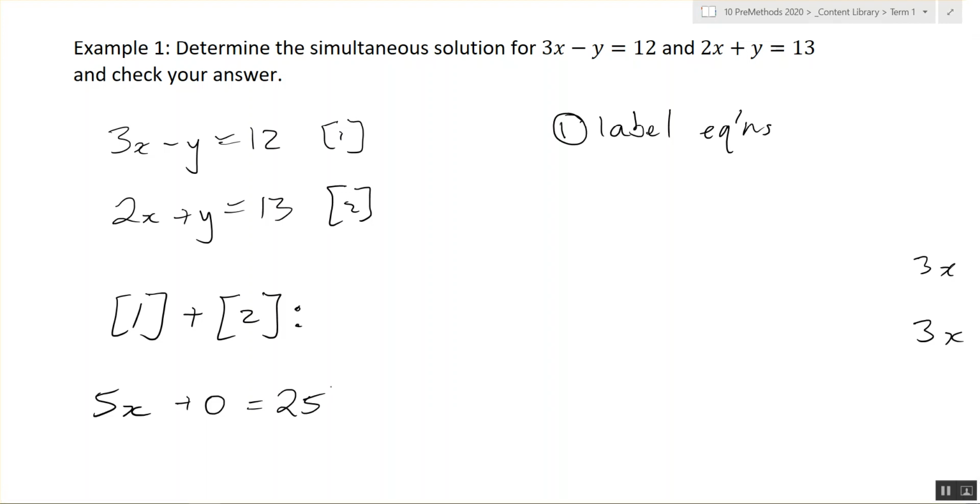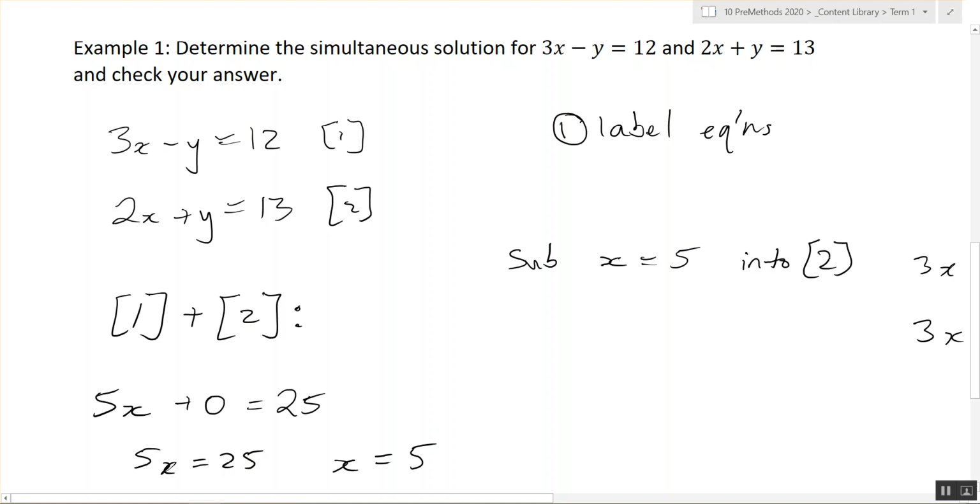Yep, see how it's a lot easier than substitution? But it only works in certain situations. Okay, so now 5x equals 25, x equals 5. Yeah? All the other steps now are exactly the same as the substitution.